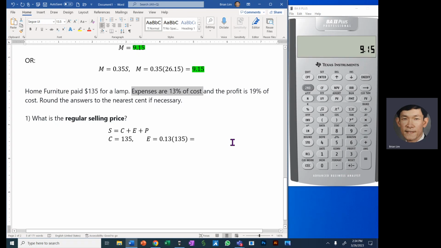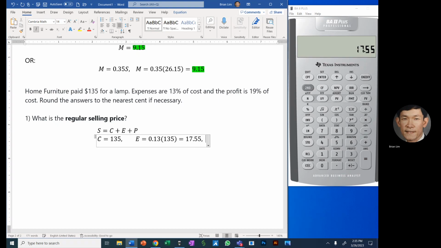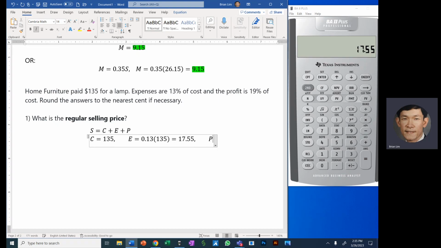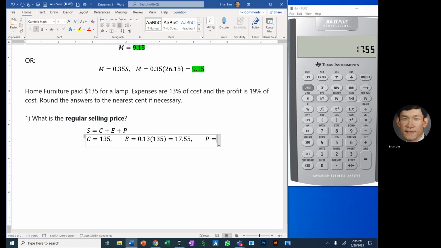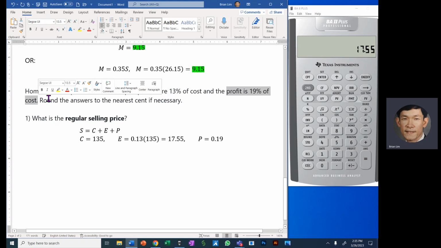Expenses 13% of cost. So as we saw before, we can put 13 and click on percent. It converts it to decimal. We multiply by 135. Then we get the answer of 17.55. And then we have the profit is equal to 19% or 0.19. It says that the profit is 19% of cost.